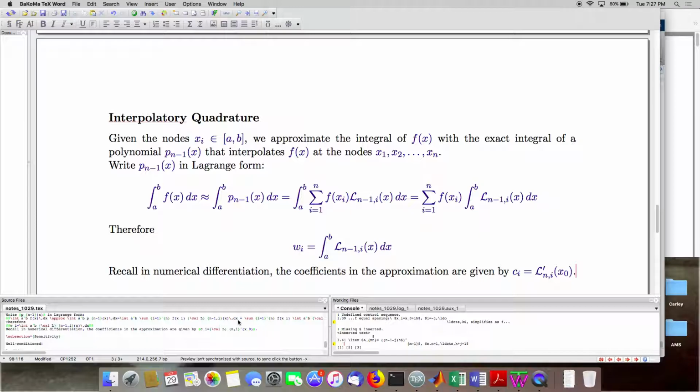In numerical differentiation, we want f prime of x naught. So what do we do to the Lagrange polynomials? Take a derivative, plug in x naught.